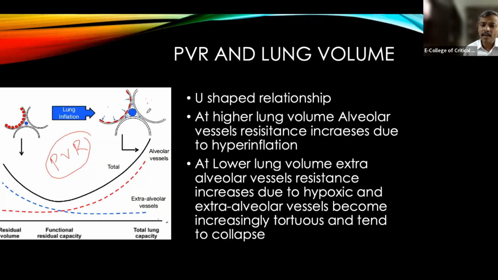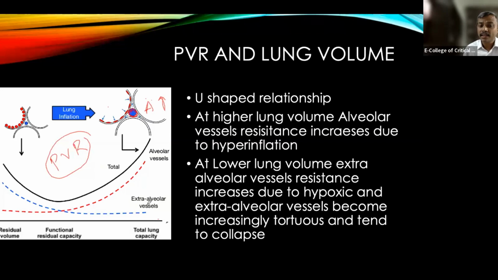The moment alveoli are hyperinflated, lung air volume or pressure increases, these vessels, called alveolar vessels, will be compressed because they are held between the alveoli. The moment these alveoli get compressed, what happens? As I mentioned, pulmonary vascular resistance increases.